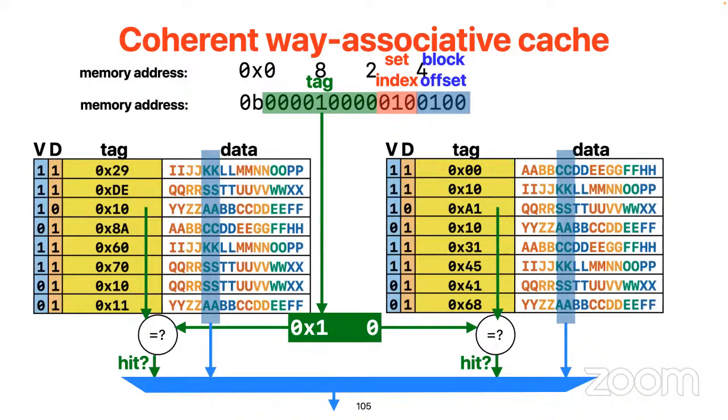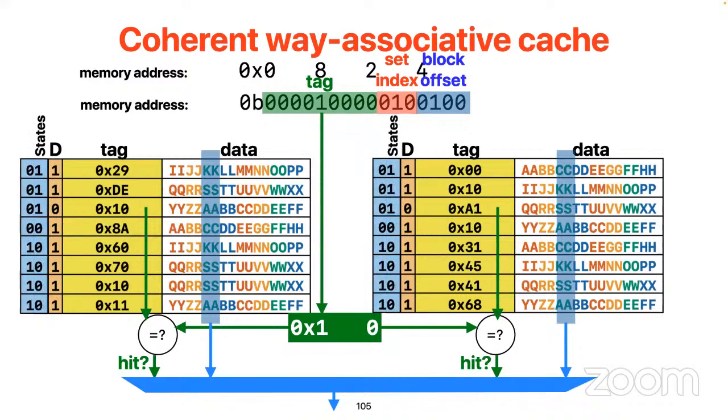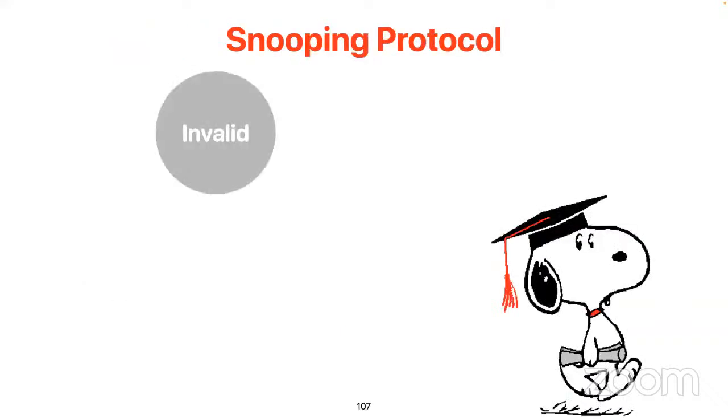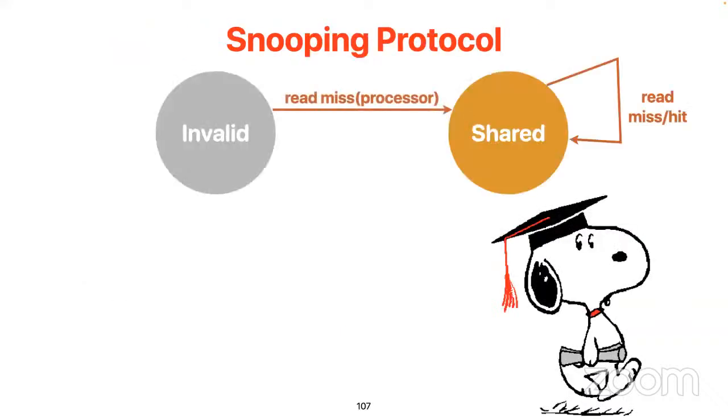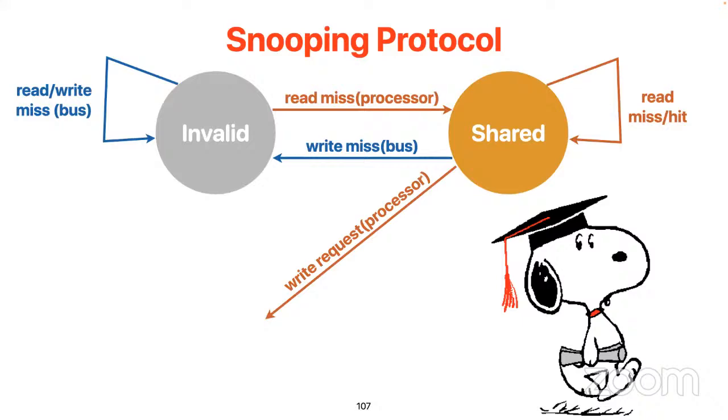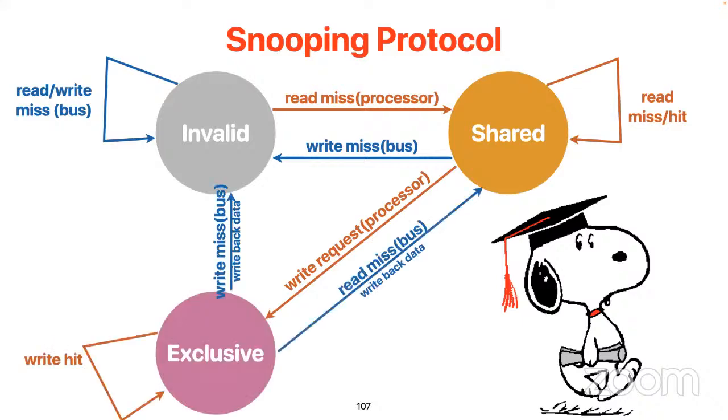To maintain consistency and coherency, you have to expand the valid bit in your cache to accommodate the new states from your coherence protocol. You don't have to memorize this protocol. All you need to know is that your processor needs to maintain coherency.